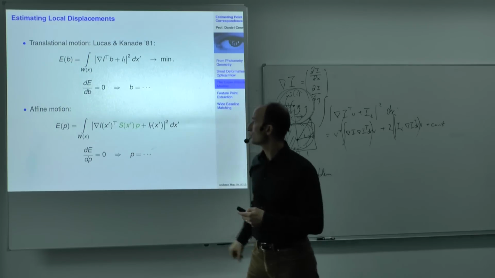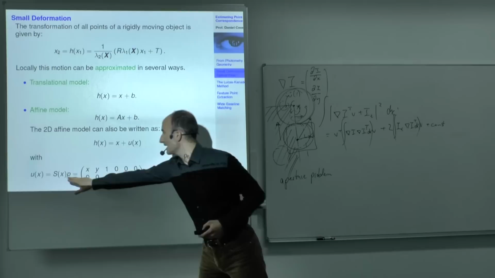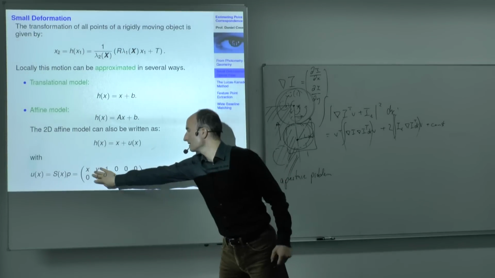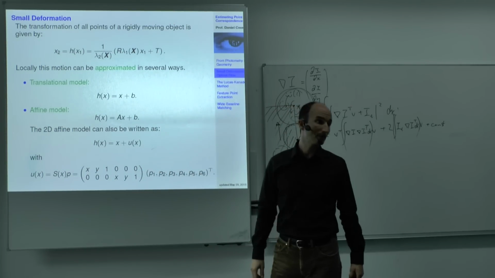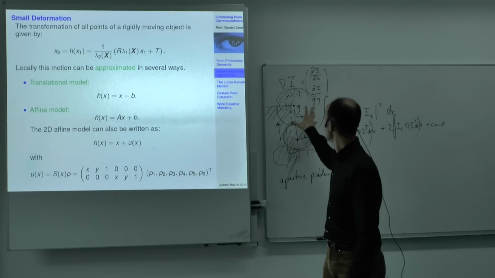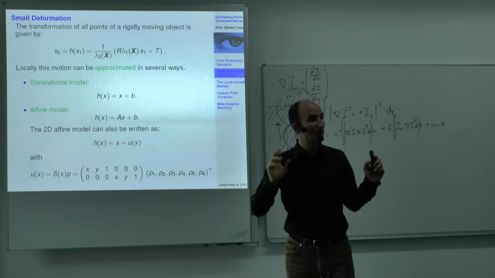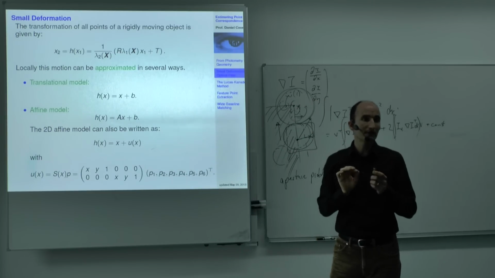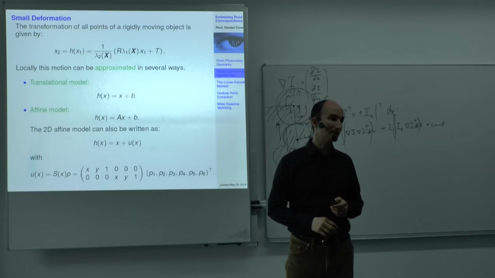Let's go back to where I introduced the affine motion last time. Here it is. This is S times P. S is such a matrix, and P is this vector with 6 components. And these 6 components model, among other things, rotational motion, divergent motion, skew motion. There are different kinds of motions that can be represented by 6 parameters.